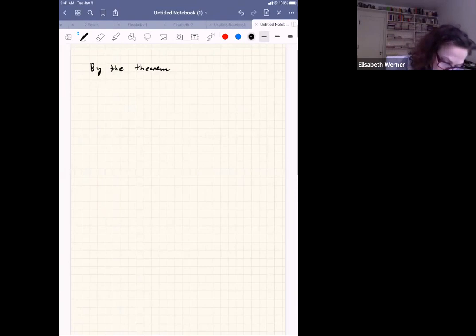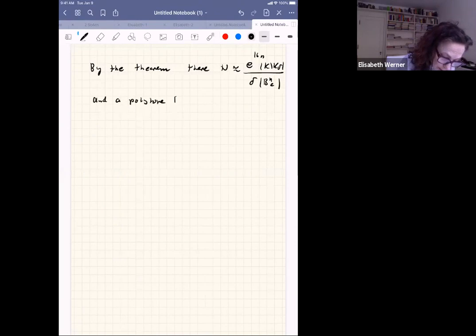Then there is n, which is of the order e to the 16n, times the volume difference of K without K delta, divided by delta times the volume of the Euclidean unit ball, and a polytope Pn with at most n vertices, such that K delta is contained in Pn, and that contains K.